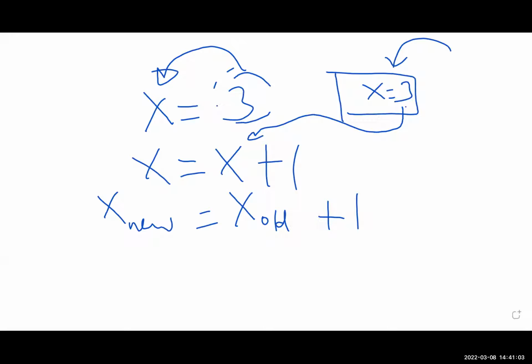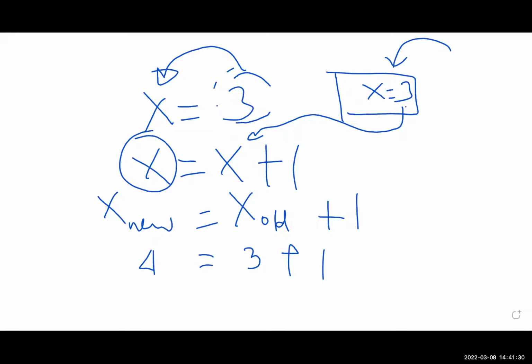So what is the new x here? If x is 3 plus 1, now the new x becomes 4, right? Is it clear? So the meaning of x = x + 1 is the new x equals the old x plus the constant here, 1.